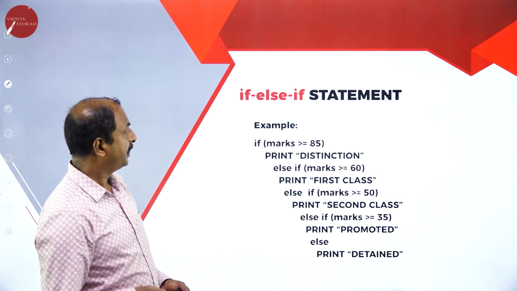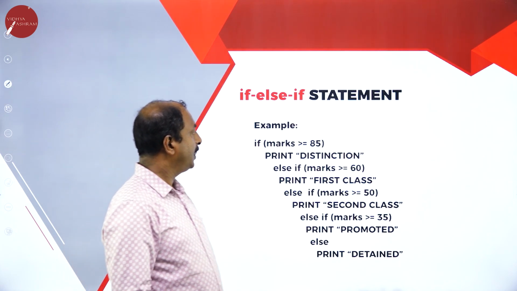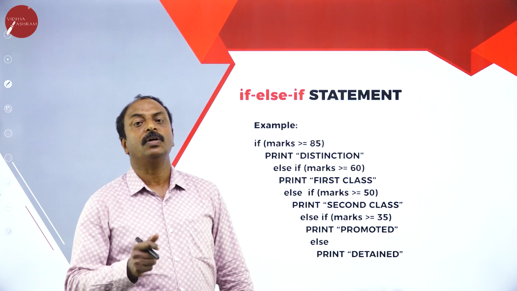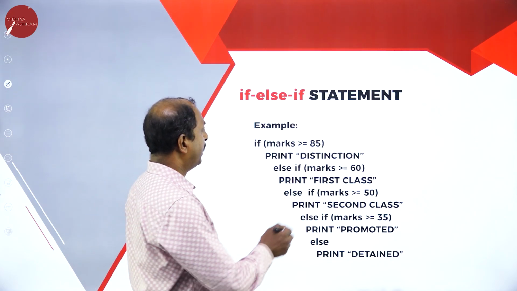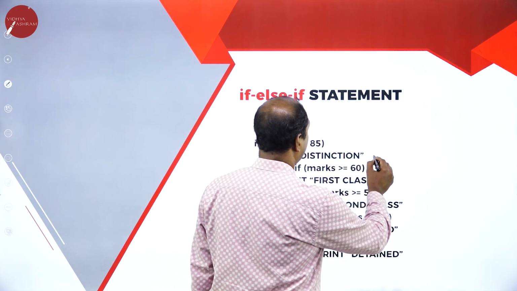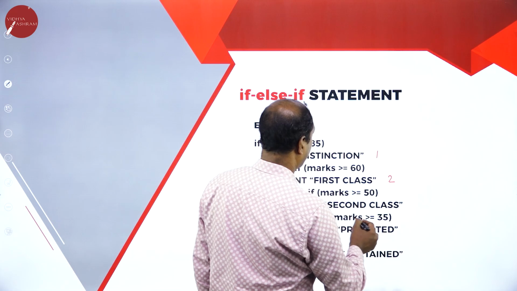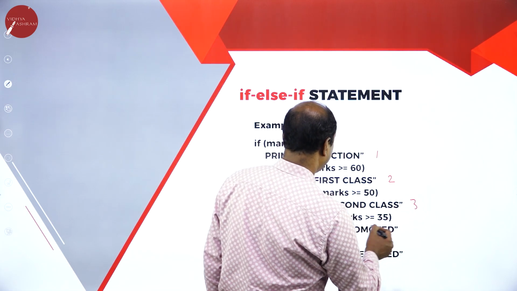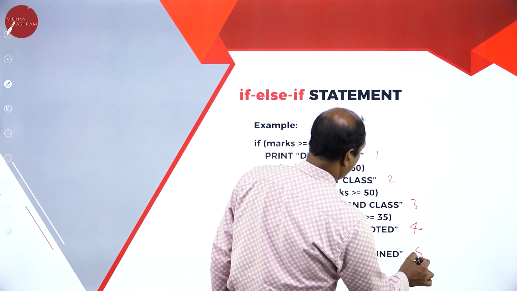Now let us see an example for this. Here is an example to print the result, or grade, of a student. This says distinction, first class, second class, and promoted, and the next one is 5.